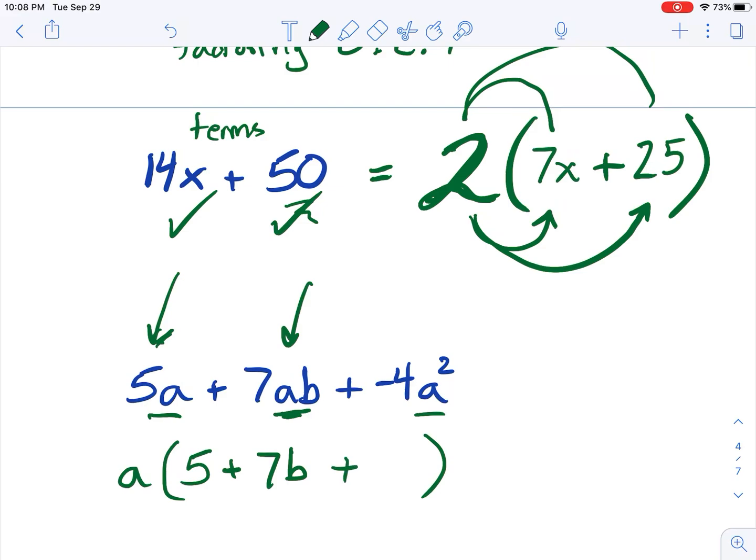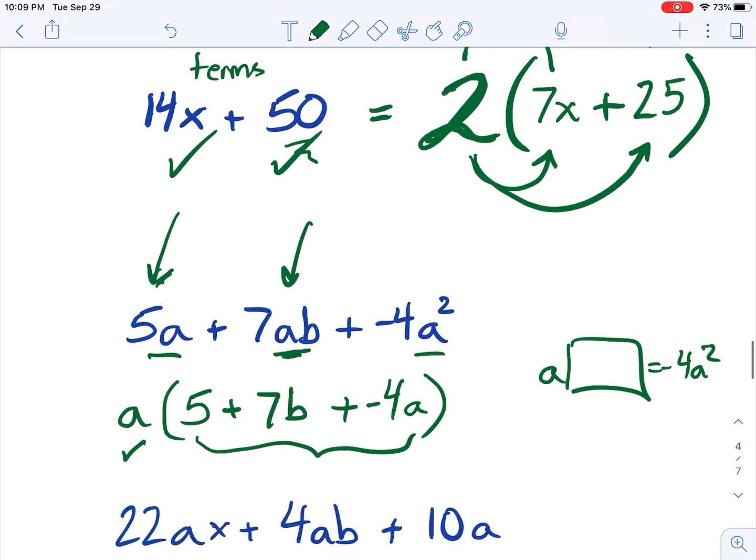The negative 4A squared, okay, so I have A times something needs to give me a negative 4A squared. So I'm going to need a negative 4, and I need another A. So I have now successfully factored an A out, and I did a reverse distribution here.